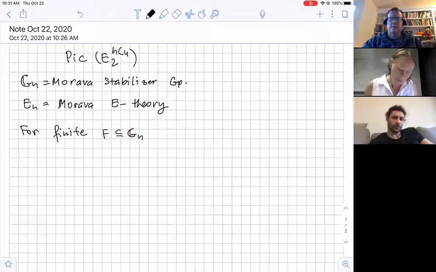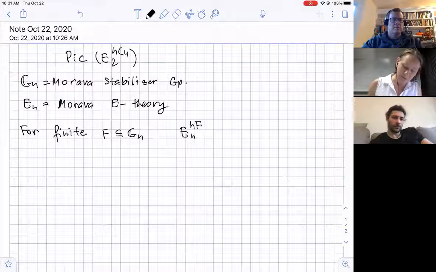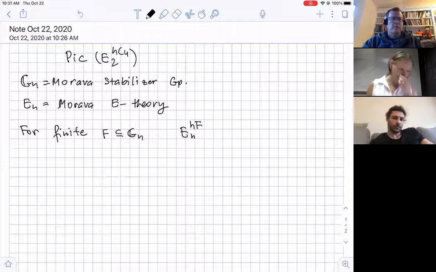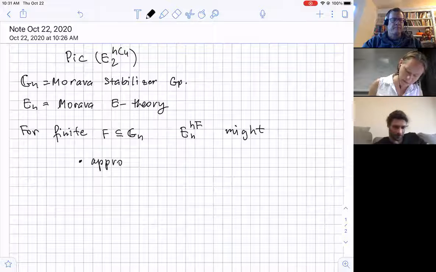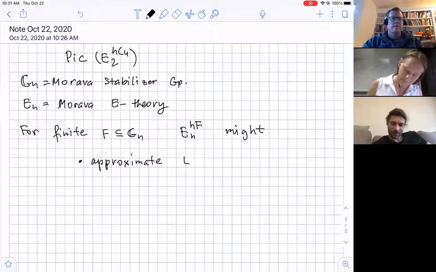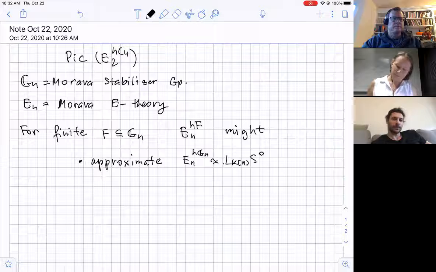It has some finite subgroups, and the fixed points with respect to those finite subgroups might approximate the fixed points with respect to the entire Morava stabilizer group, which is the K(n)-local sphere.